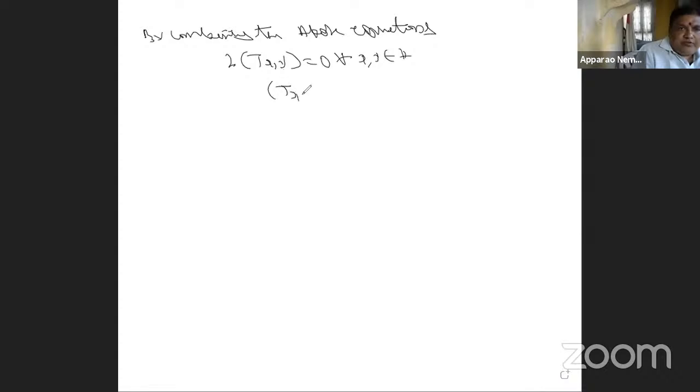That means T of x comma y, that equal to 0 for all x comma y belongs to Hilbert space. It follows T equal to 0. Hence the theorem. So clear the whiteboard. Next.